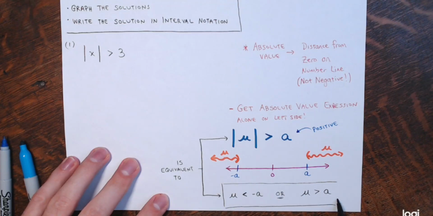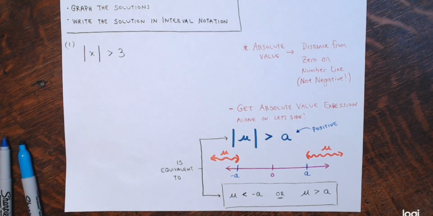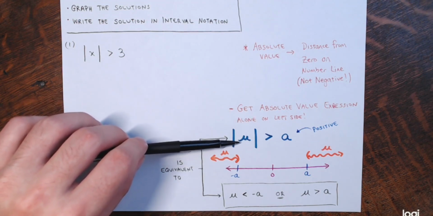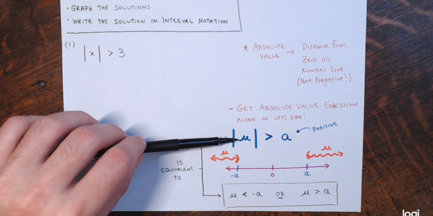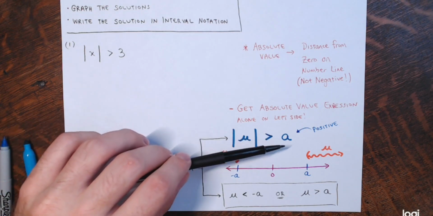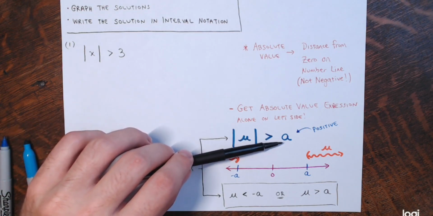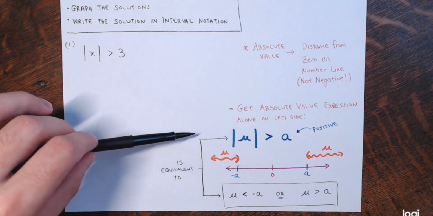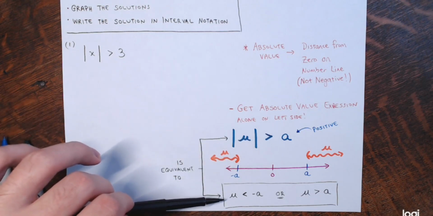All right, so this is going to be key here. I'm going to isolate the absolute value on the left, get the absolute value of some expression is greater than, and then hopefully some positive number. And once I have this, I'll then write the equivalent compound inequality, this OR inequality.